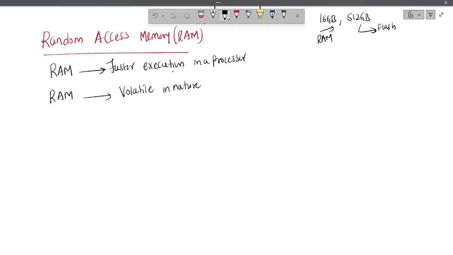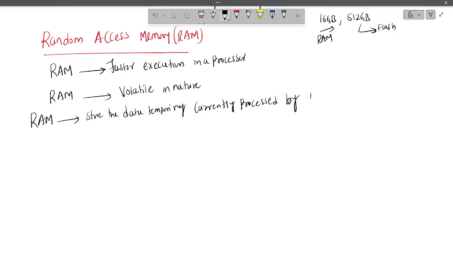RAM is used to store data temporarily, the data currently being processed by the CPU. Whatever data is currently processed by the CPU will be stored in the RAM. Is it fine?